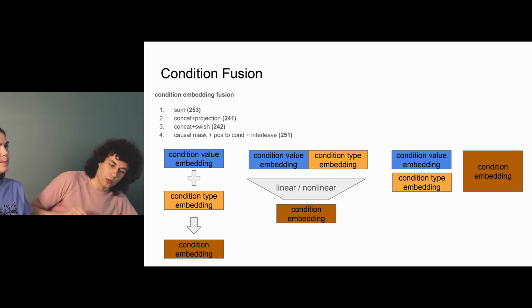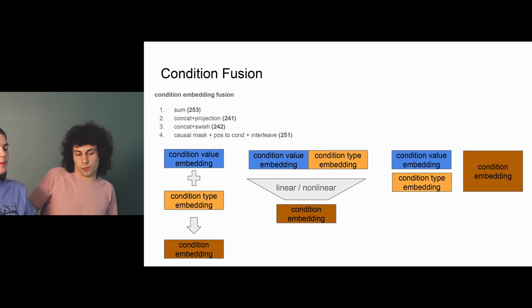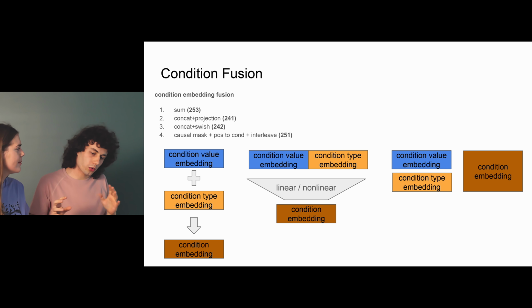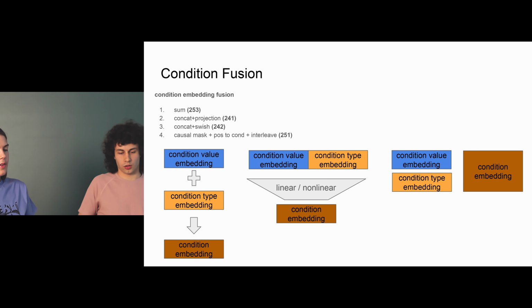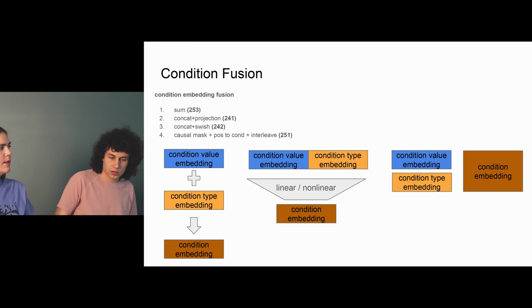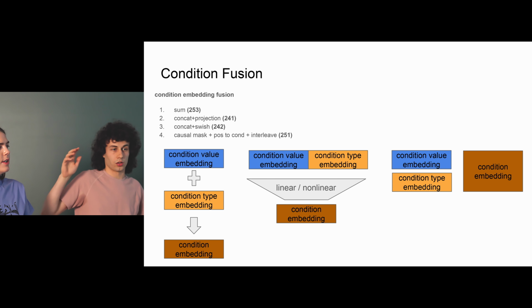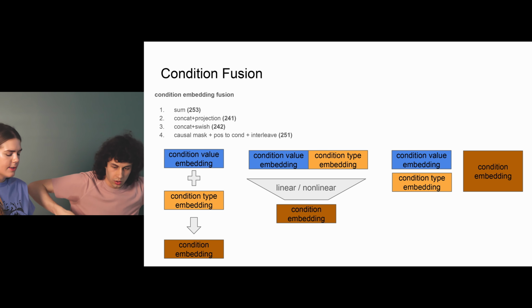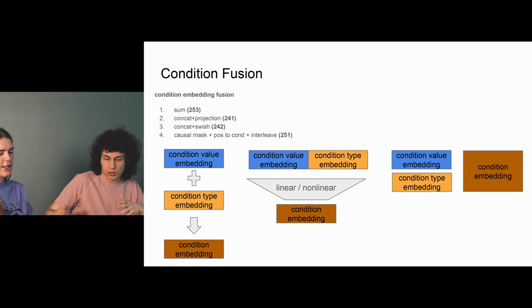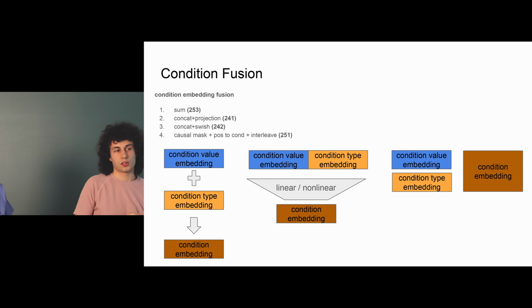So we have condition type and condition value, and we may think how to fuse them together, how to join them together. And here we checked several types of doing this. So first we did summing, which is the most trivial one. Second was doing some concatenation and projection. And finally, fusion by concatenation and then some MLP.